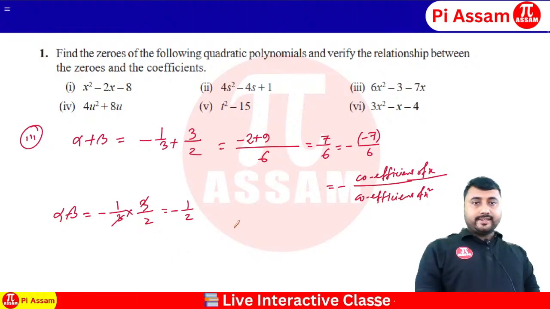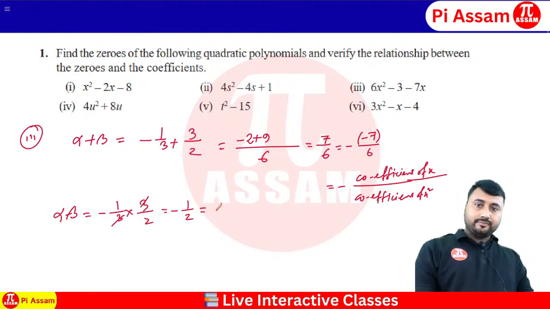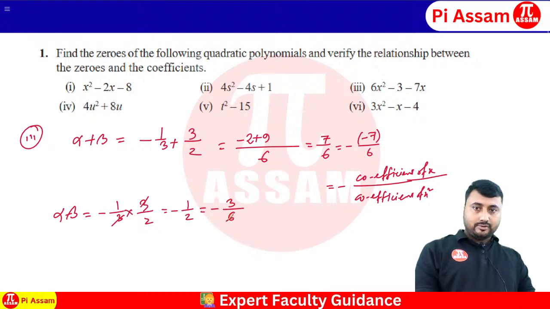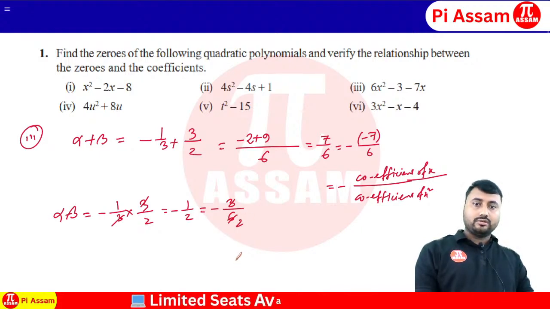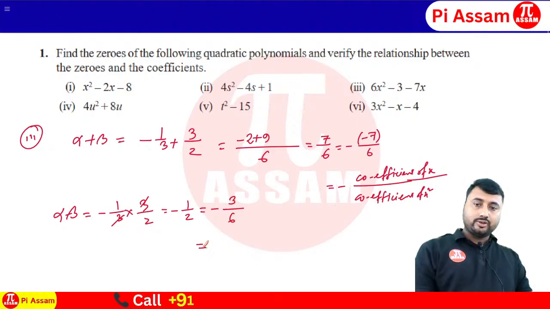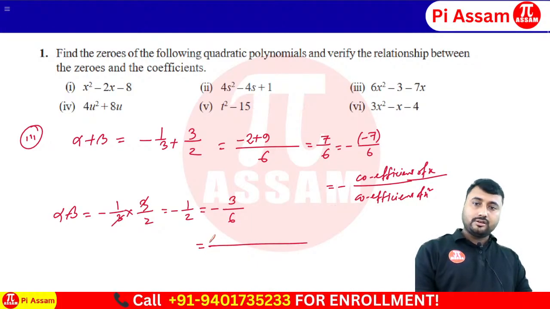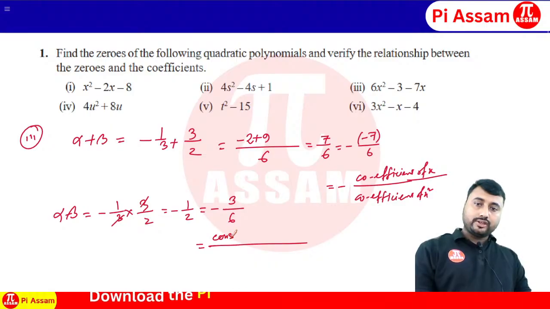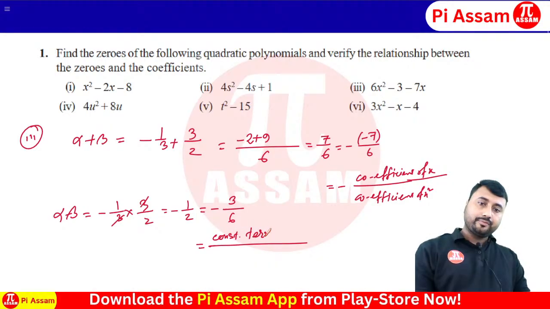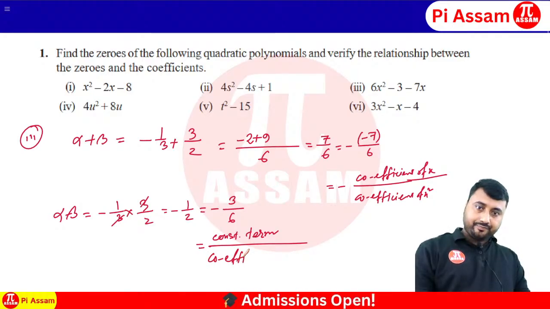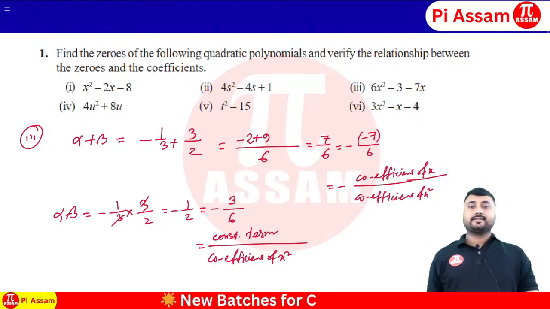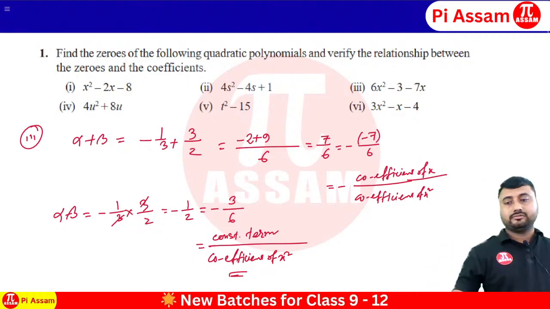So constant term is minus 3 and coefficient of x square is 6, so we can write like that, minus 3 by 6. So this one is verified.